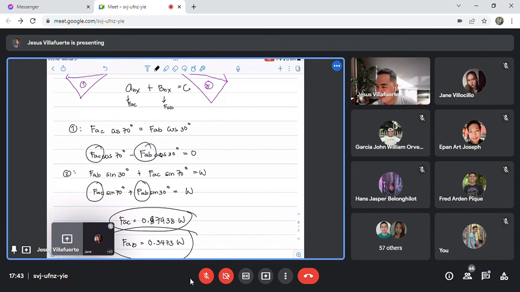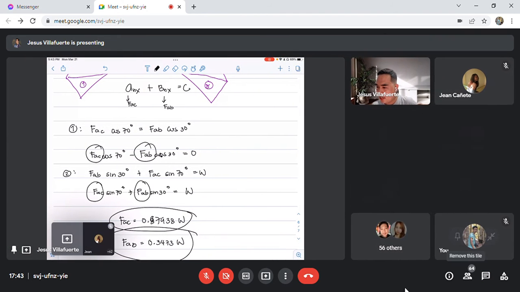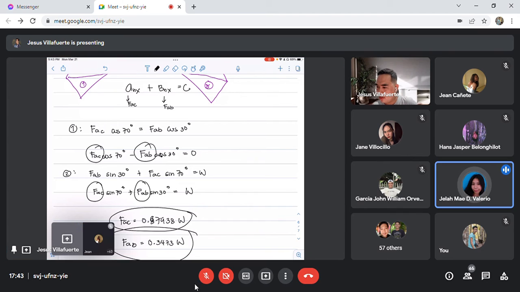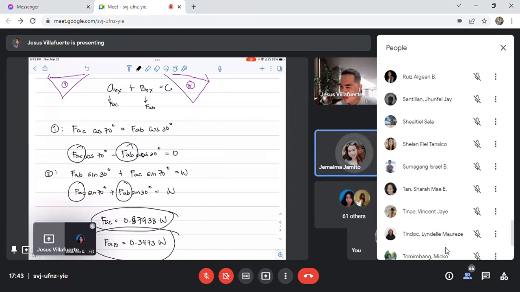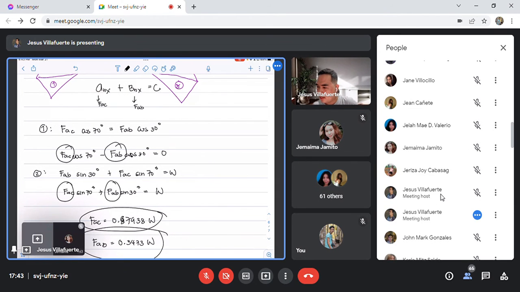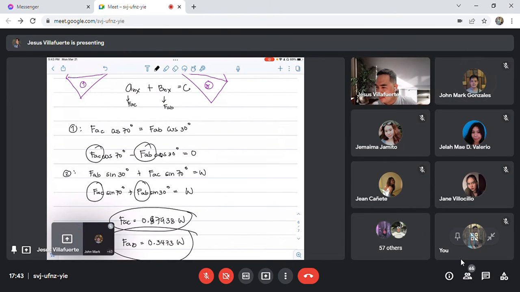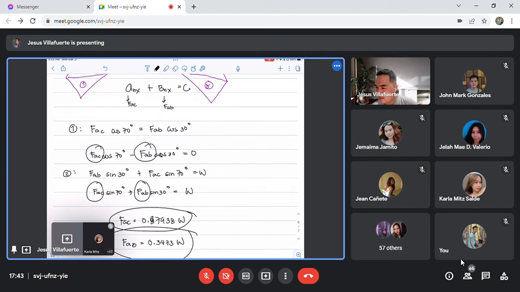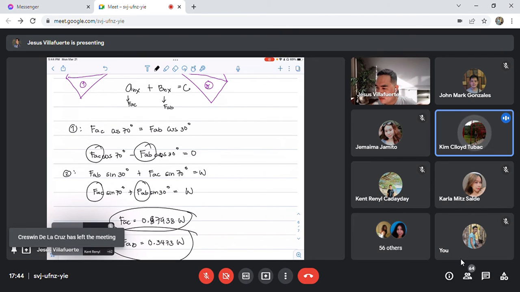Jean Cañete, present, sir. Jella May Valerio, present, sir. Jemima Hamito, present, sir. Jerisa Joy Cabasag. John Angelo Secreto, present, sir. John Mark Gonzalez, present, sir. Salde, present, sir. Kadayday Renil, present, sir. Tim Floyd Tubak, present, sir.